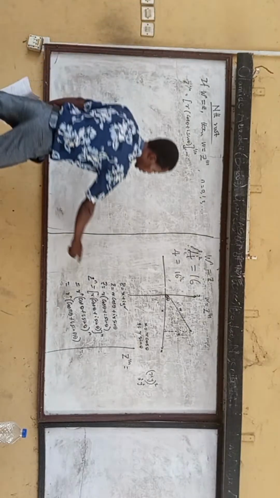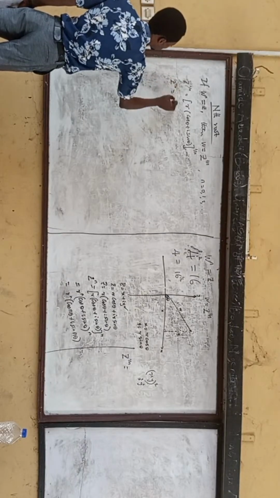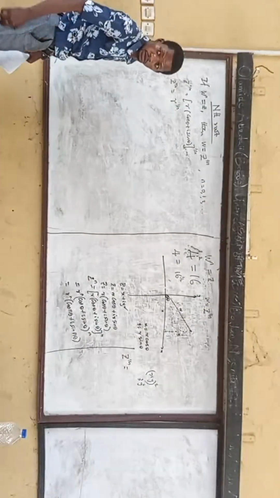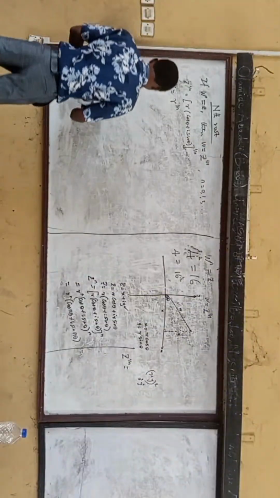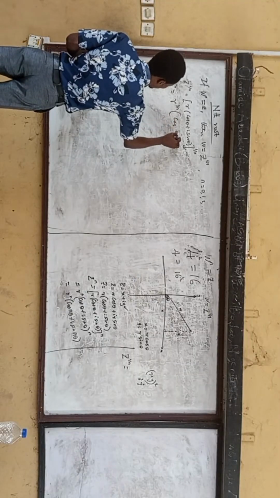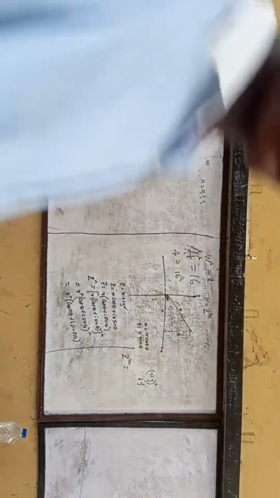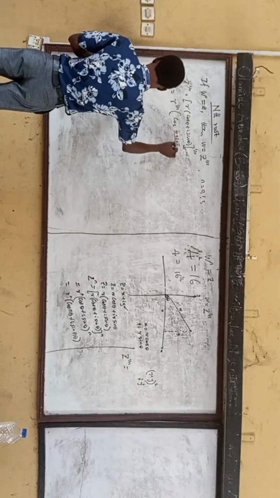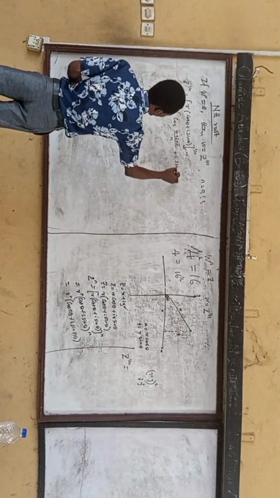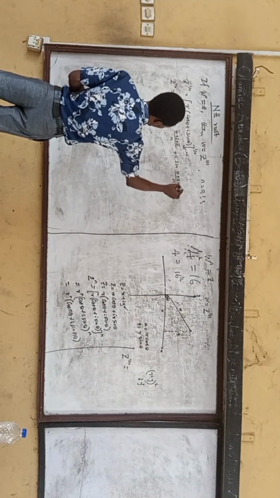Just the same thing that we have done here, where we have z raised to the power 1 over n is R raised to the power 1 over n, cos of theta plus 2k pi over n plus i sin of theta plus 2k pi over n.